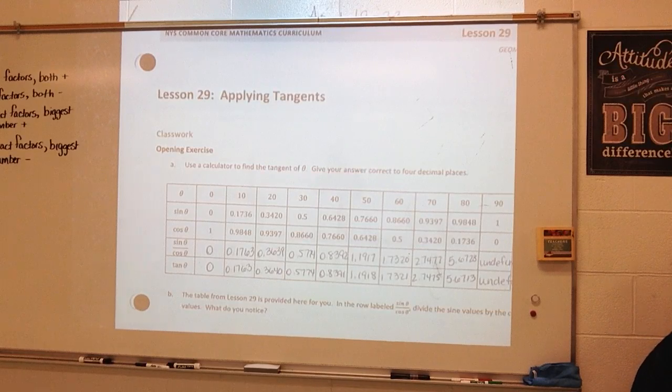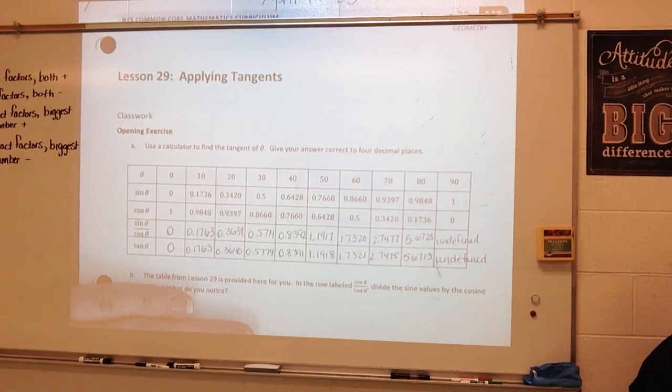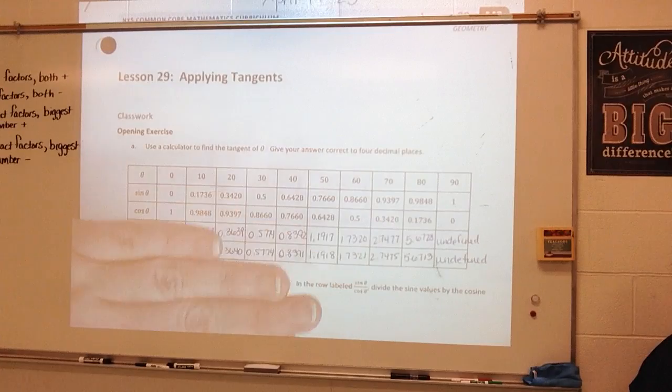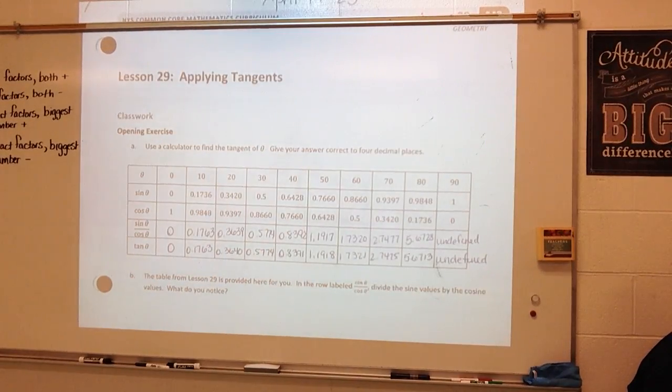If you remember finding the tangent, according to SOHCAHTOA, it is opposite over adjacent. I need you to pause for a moment and write these values down in your chart.